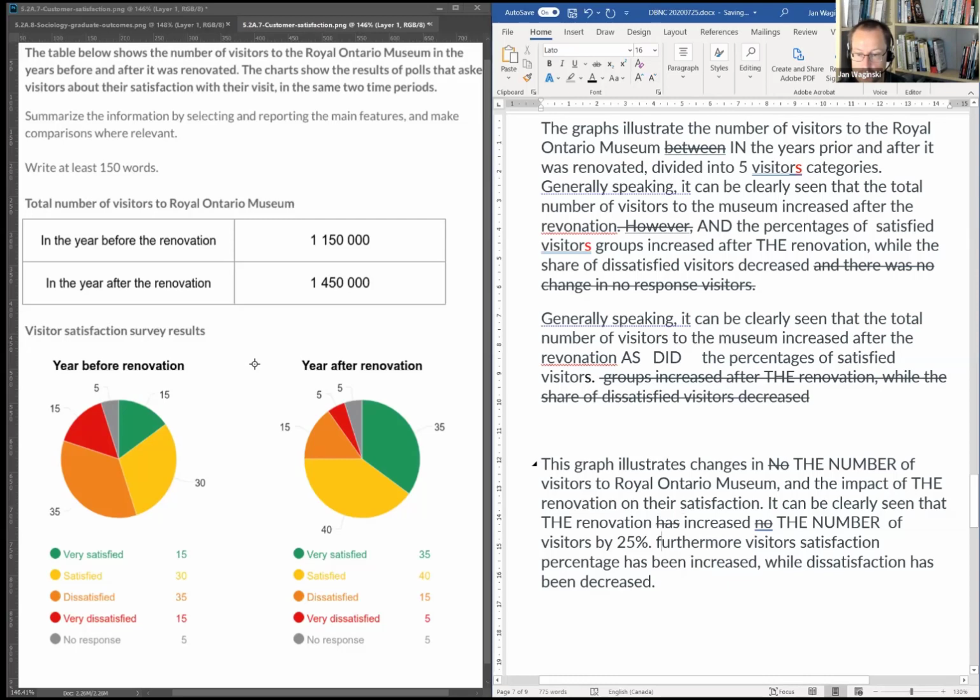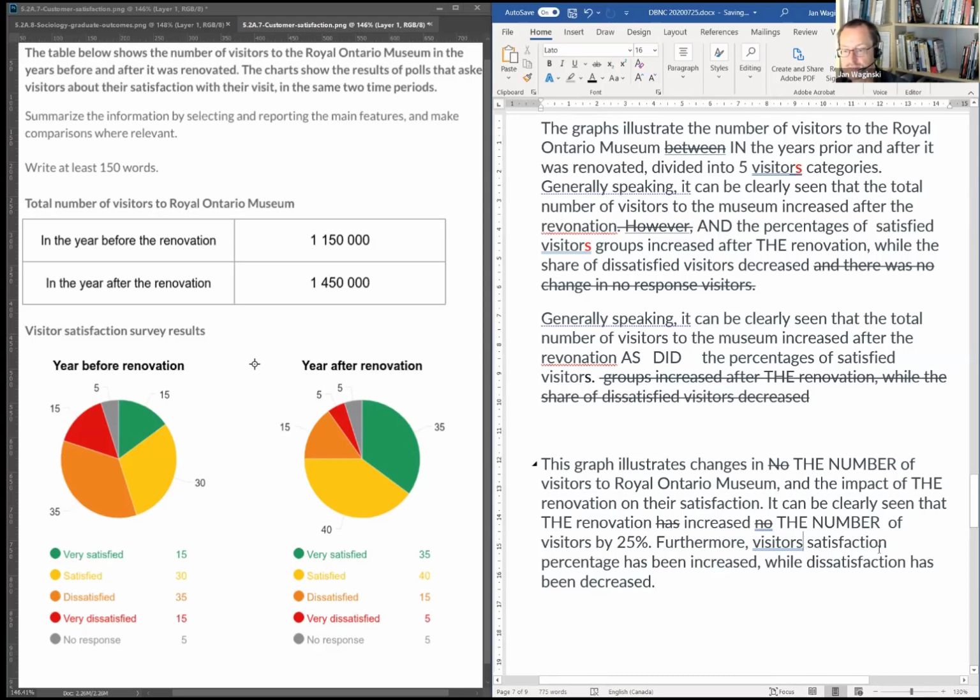Furthermore, watch out for capitalization. All these words at the beginning of a sentence: however, furthermore, moreover, therefore, plus a comma. When you read it out loud, you can hear these pauses. Furthermore, visitor satisfaction percentages have improved.